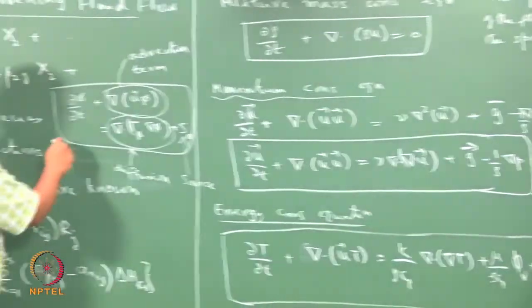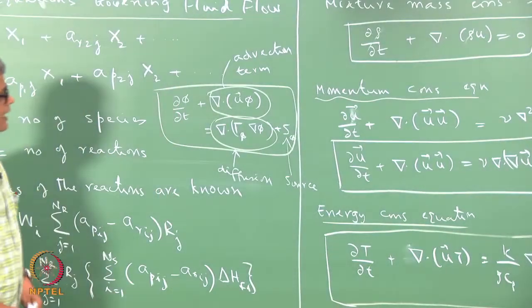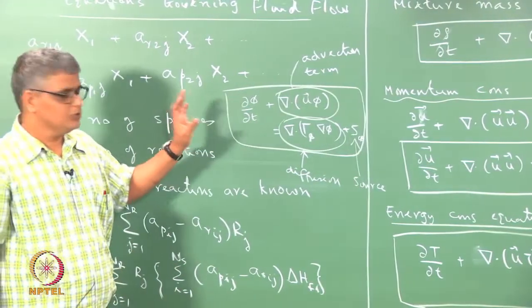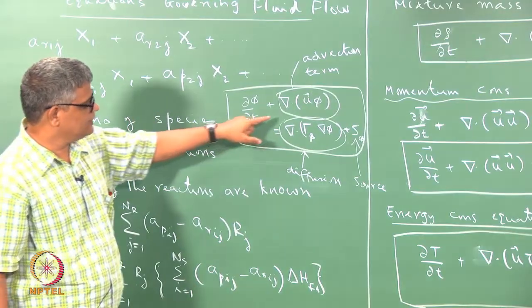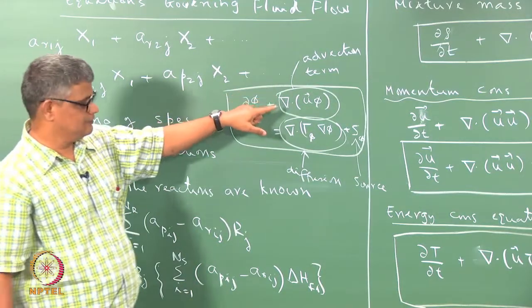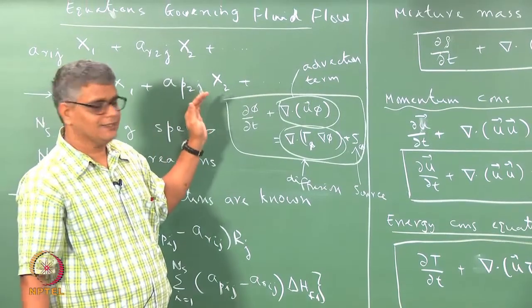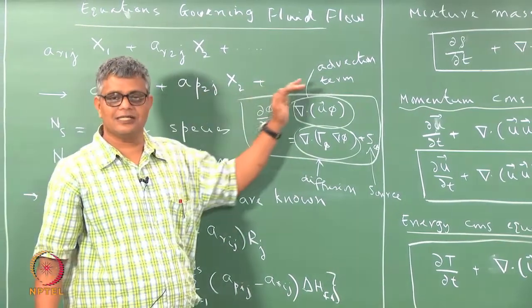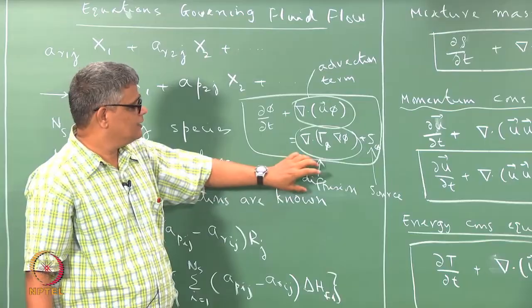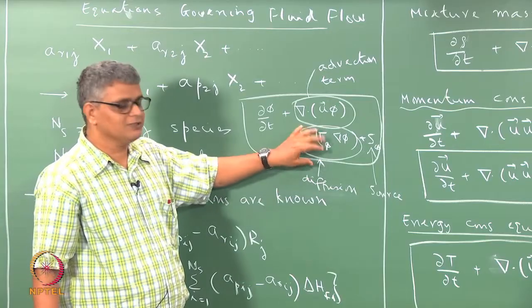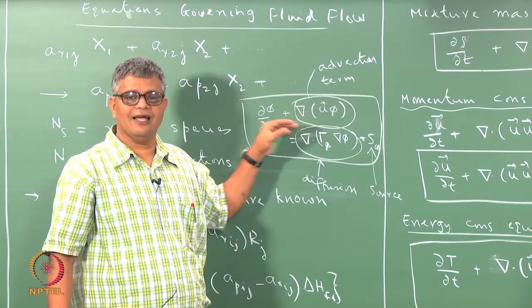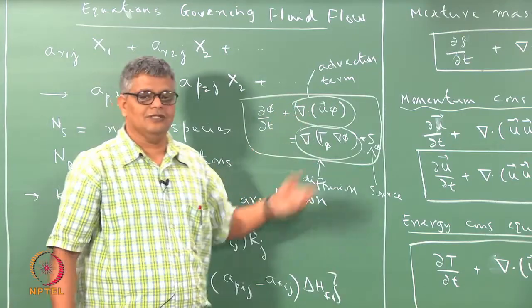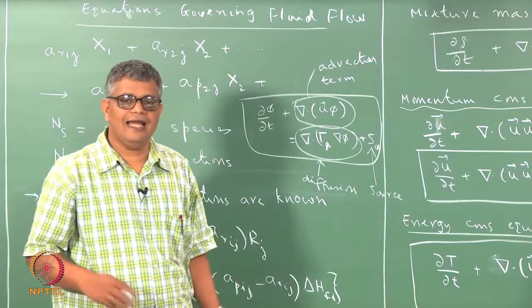So this is a general form of the equation, and this particular form has two important contributions. One is the advection, which means that it is directional and associated with the flow direction, and diffusion, which happens in all directions. So part of it is directional and part of it is essentially adirectional.